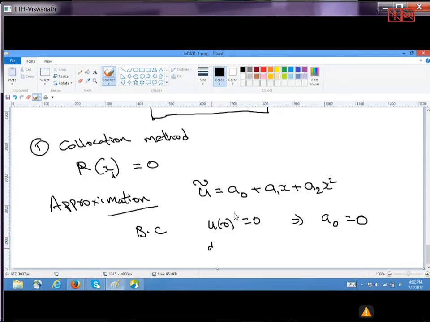Similarly, du dx of 1 equals 1 implies that a1 plus 2 a2 times 1 is equal to 1. That means my a2 is equal to 1 minus a1, divided by 2.